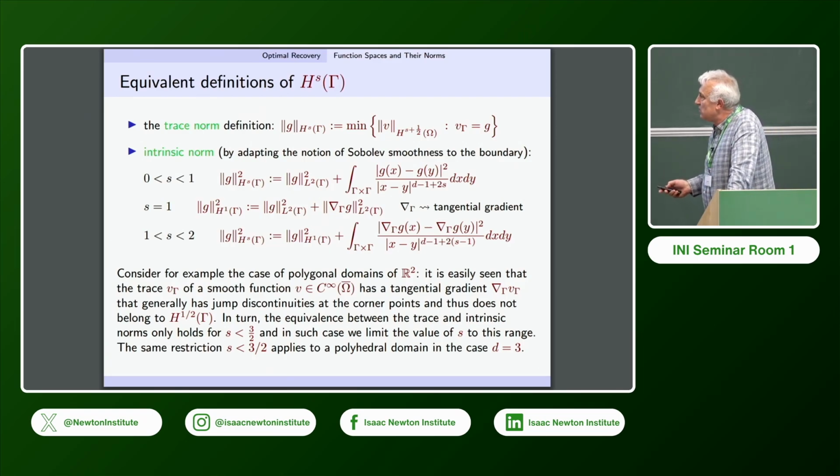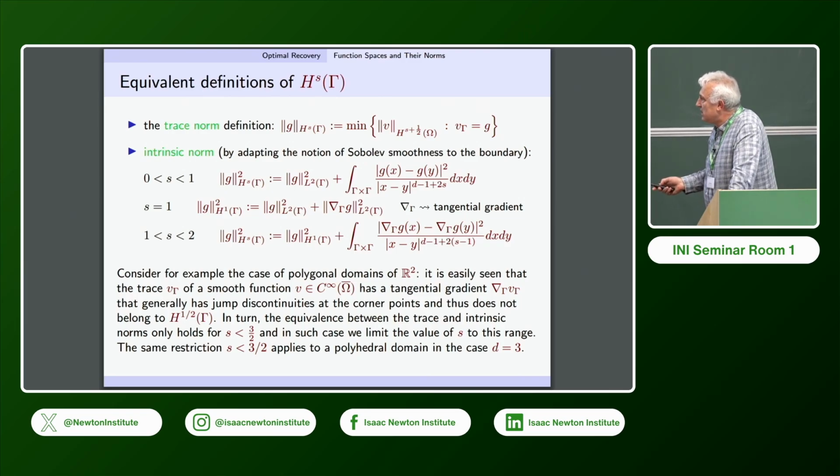There is an easy example which shows that we can have a very smooth function which, however, if we consider the polygonal domain of R2, then we have jump discontinuities of the gradient of the restrictions on the gamma.